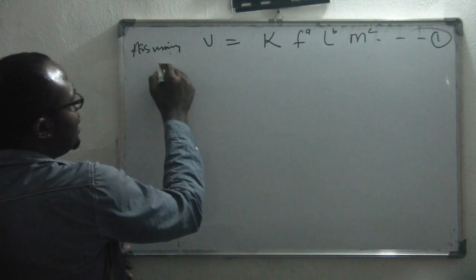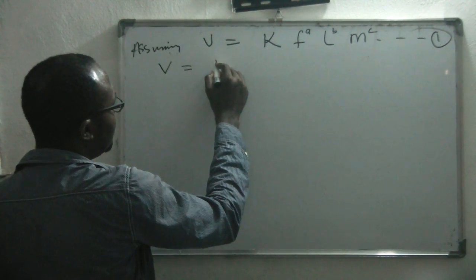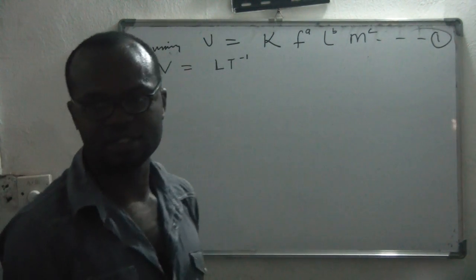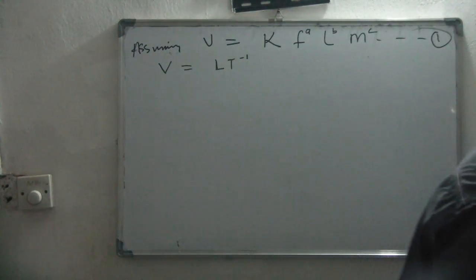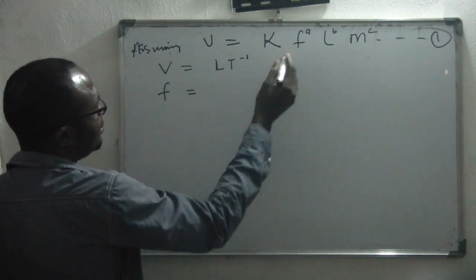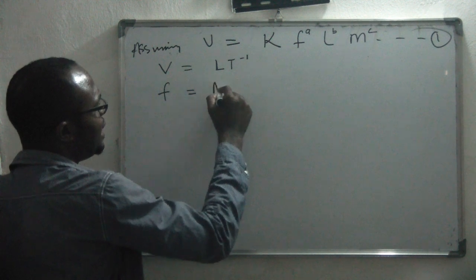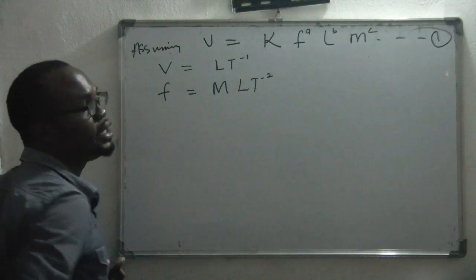But we know that velocity is equal to what? The dimension of velocity is LT minus 1, isn't it? Now, force, tension. Force is mass times acceleration, which is M LT minus 2.